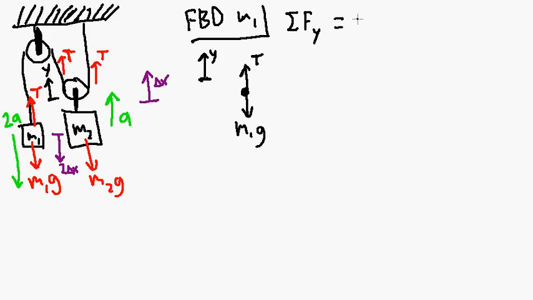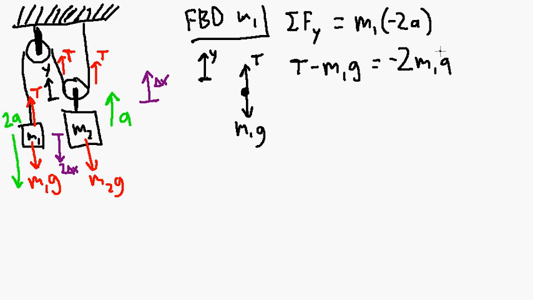So equals M1 times negative 2A. So these forces are tension, and then the downward force of gravity, equals negative 2M1A.